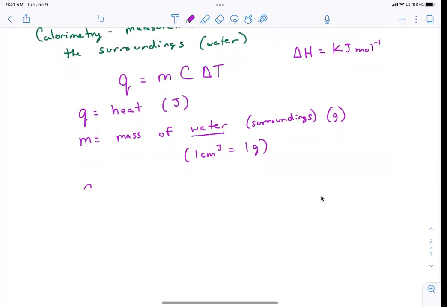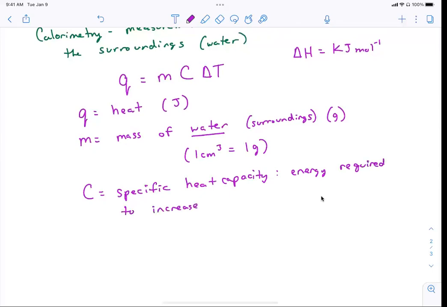Okay. Capital C. Specific heat capacity. Specific heat capacity is the energy required to increase 1 gram of substance 1 degree of temperature.